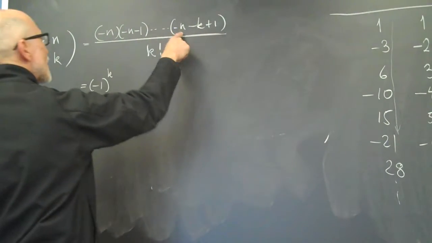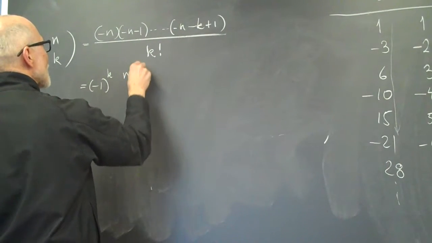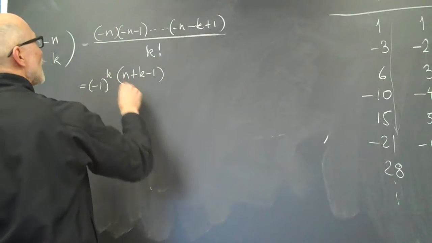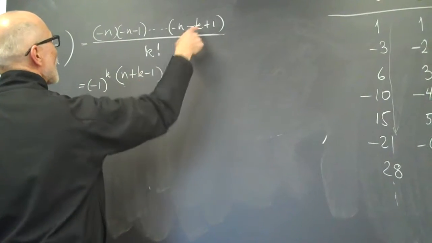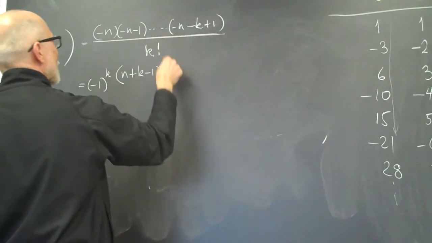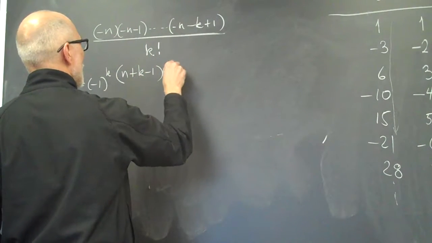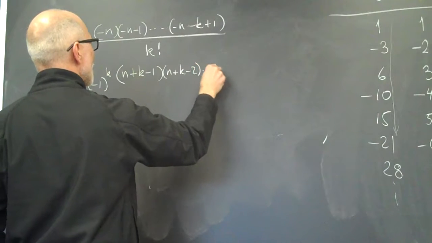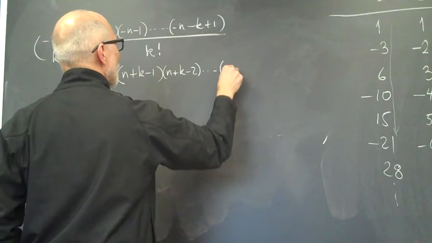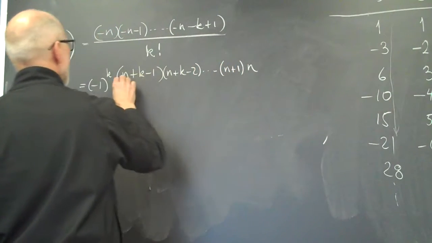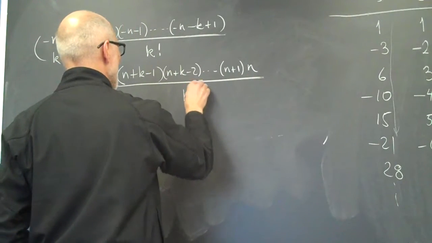And then this would become what? n plus k minus 1. And then the next thing up would be n plus k minus 2, down to n plus 1, down to n, divided by k factorial.